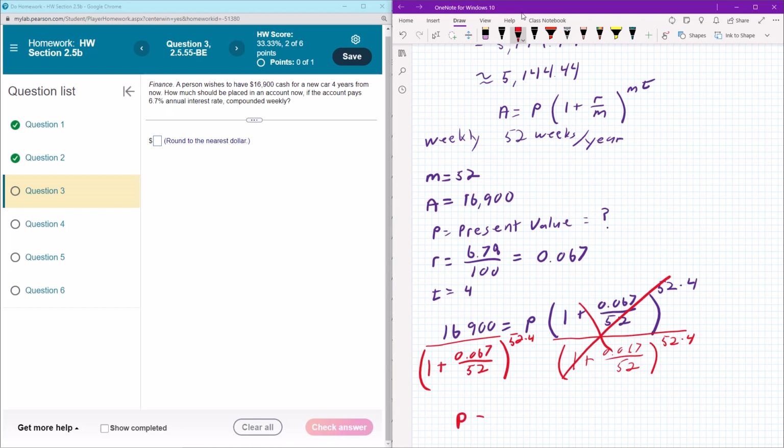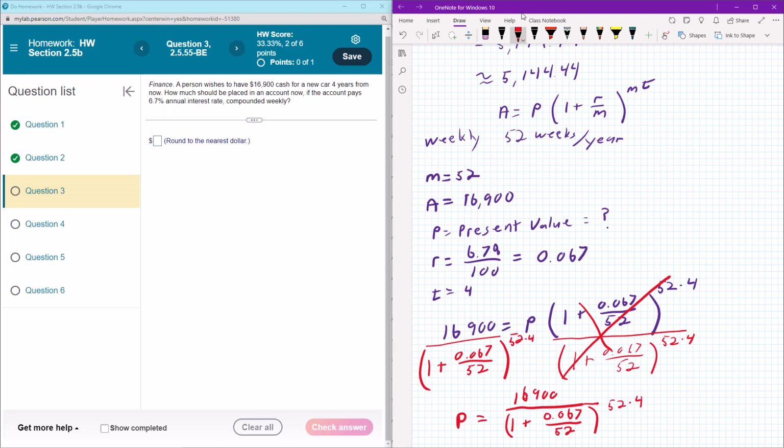Then over here, I have 16,900, supposed to be a 6, sorry about that, divided by 1 plus 0.067 divided by 52 raised to the 52 times 4 power.